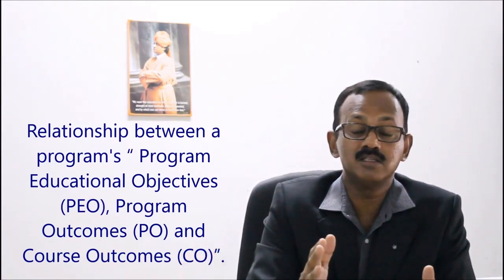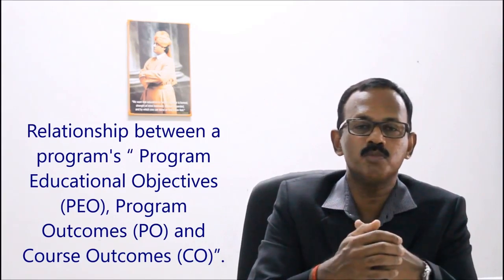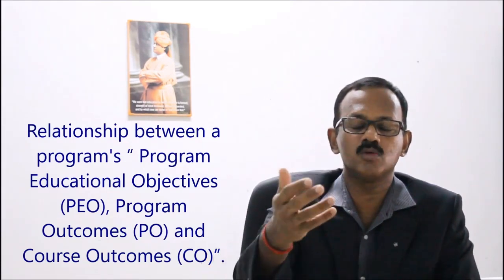So every program outcome has to be thought through, rewritten and kept so that it can be used as the base for creating the curriculum. And this is how we are supposed to look at the relationship between program educational objectives and program outcomes. Then the course outcomes are evolved for a course, referring back to the program outcome.